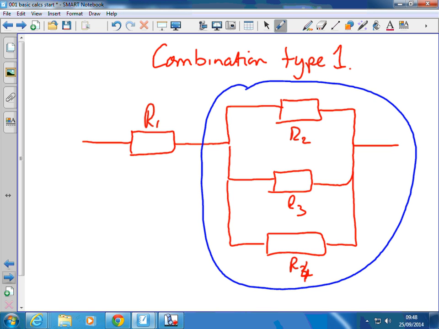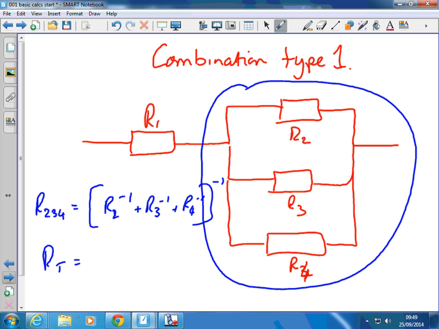We find R234 using whichever formula is appropriate: R1 to the minus 1, R3 to the minus 1, R4 to the minus 1, all to the minus 1. We do that, and then RT is R1 plus R234.